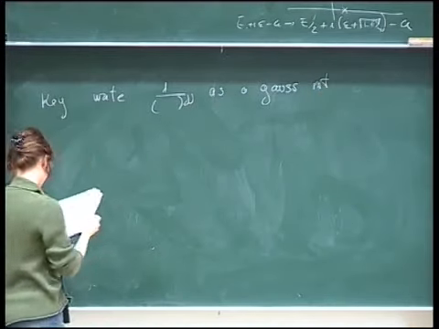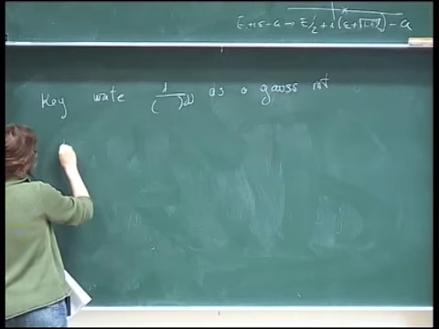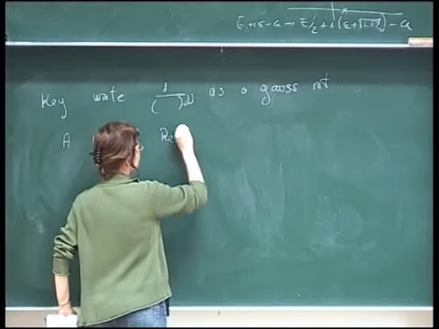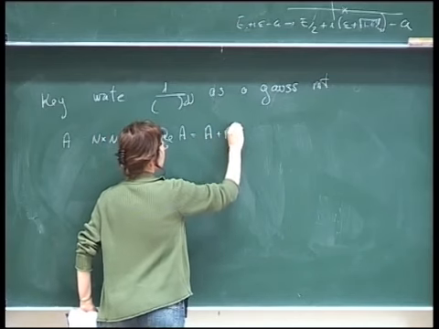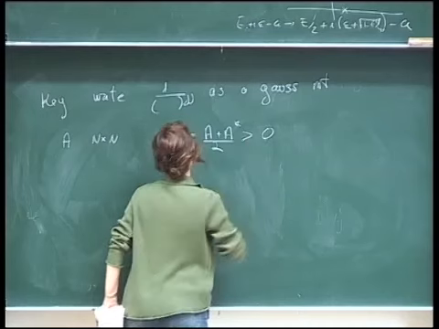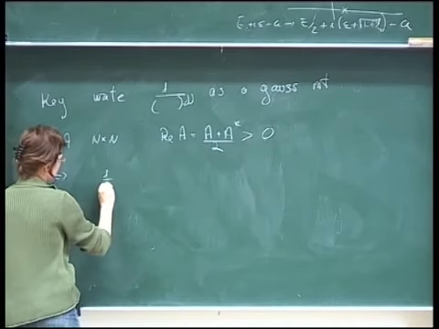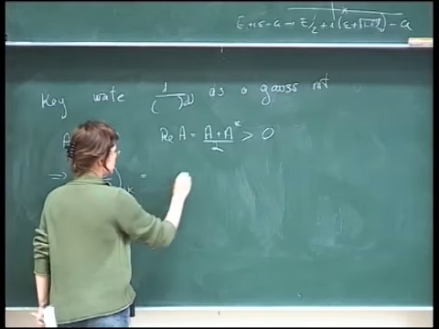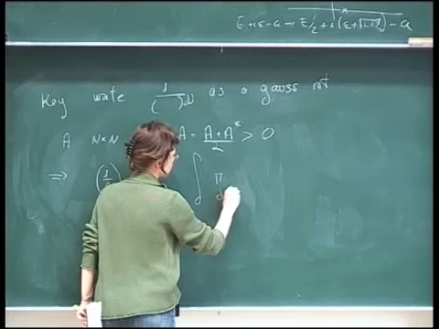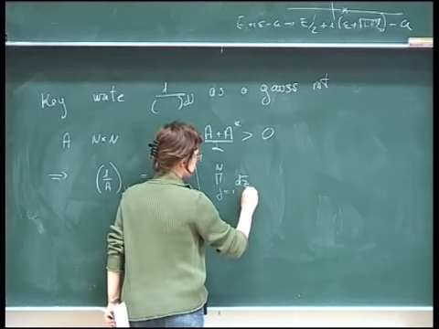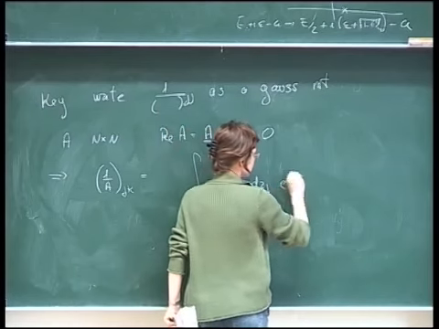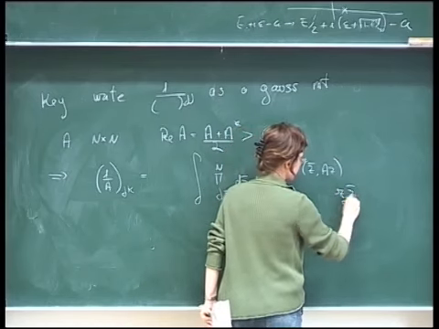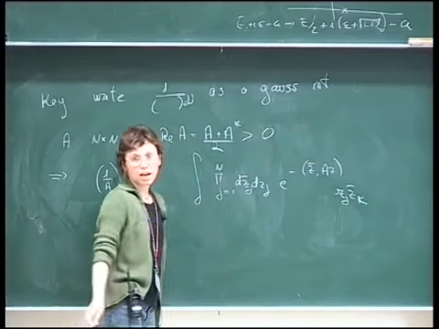You have already seen this formula: if you have a matrix A, n by n, with real part of A, that is (A plus A adjoint)/2, bigger than 0, then the inverse, 1 over A matrix element jk, can be written as an integral over a product. Now, z are complex variables.